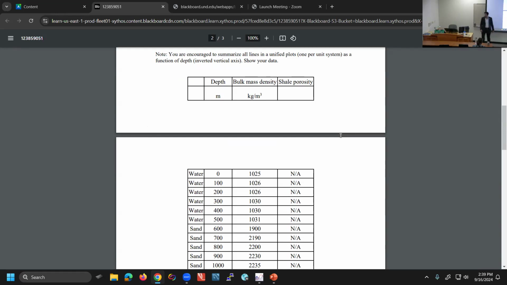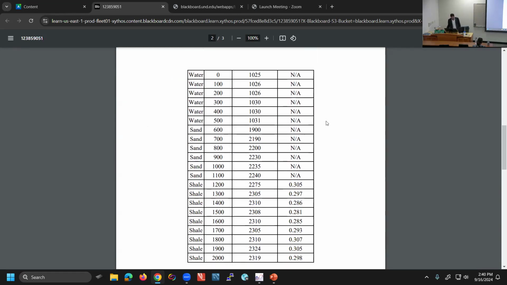Now, depth equals 0 is the top of the sea, the sea level. And then you go down, you see I have here shale porosity not applicable, because you have water. There is no shale porosity in the water. And then at what depth do you hit the first sand? At 6,000 feet, you hit the sand, water becomes sand.